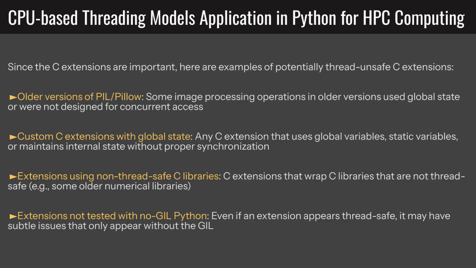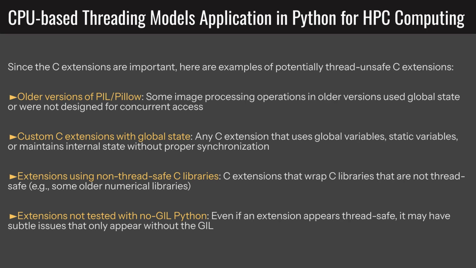Since the C extensions are important, here are examples of potentially thread-unsafe C extensions that must be avoided when utilizing the no-GIL Python interpreter. Older versions of Pillow: some image processing operations in older versions use global state or were not designed for concurrent access. Custom C extensions with global state.